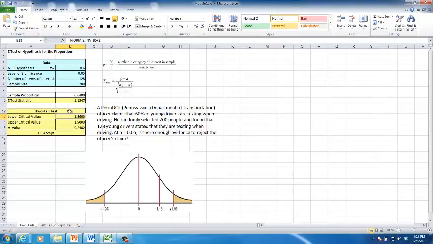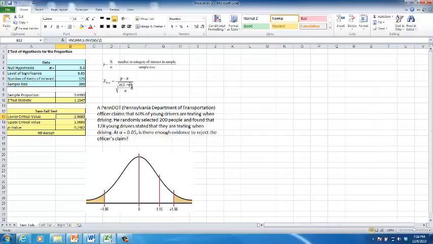So the critical value is 1.96. Any number between minus 1.96 and plus 1.96 would be H0 accept, and any number beyond these points, greater than 1.96 or less than minus 1.96, would be H0 reject.